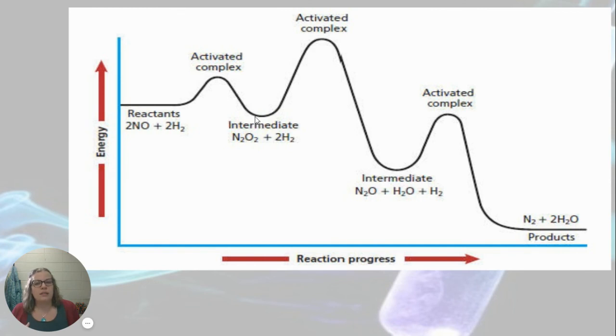So from this intermediate position up to the activated complex, that is the activation energy for that step. It's always biggest in our slow step. So if our slow step would have been first, I would have a big activation energy here and then a smaller one as we go along. So just keep that in mind.